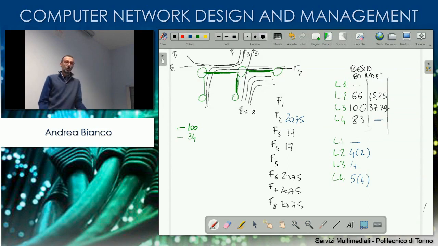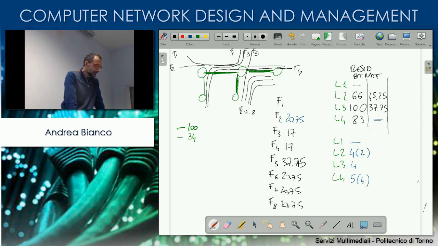And so now again, which is the one which is saturating first? That's trivial because you have one flow residual on each of them. So L3 now is going to saturate, and that will give the assignment to flow 5, which is 37.75. And finally, link 2 will saturate, which will give to F1 45.25.